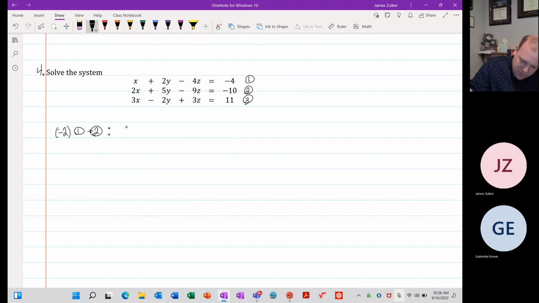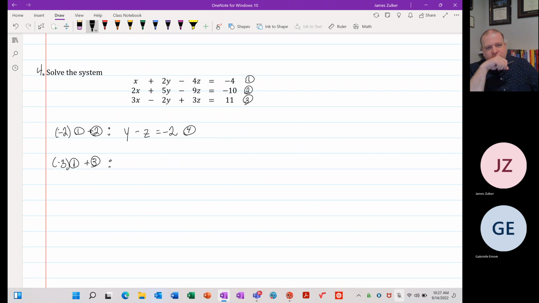This is what? Negative 4. So y minus z is negative 2. All right, let's call that new equation 4. Now let's do -3 times equation 1 plus equation 3.